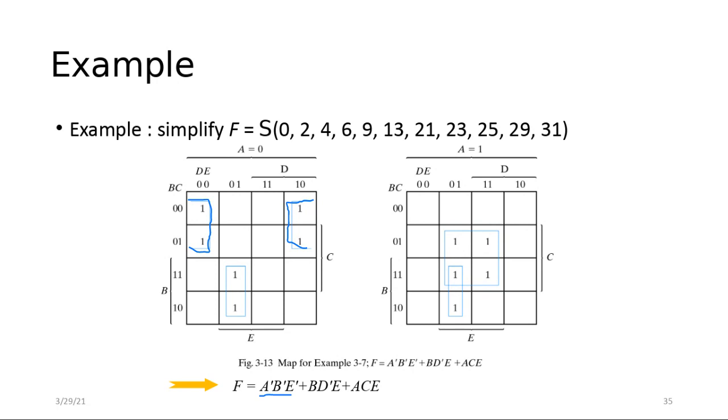A is 0, it's not changing in here, right? B is not changing, B is also 0. E is not changing, E also 0. Not A, not B, not E.